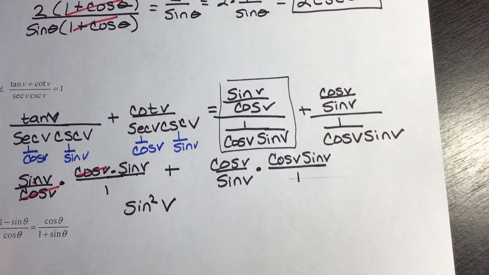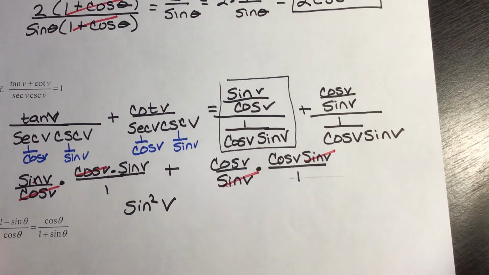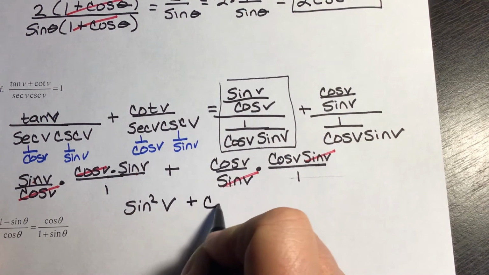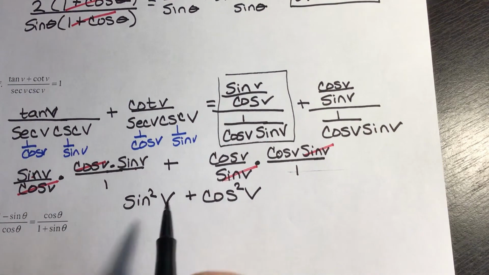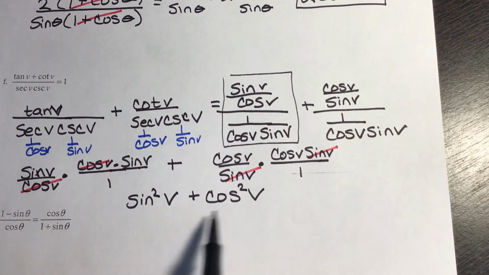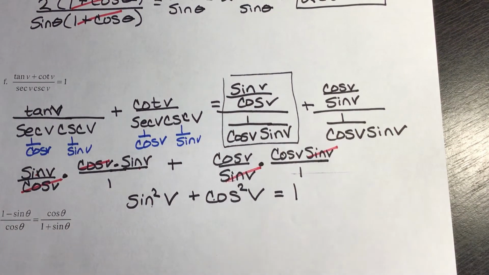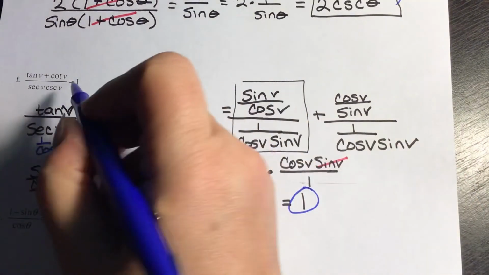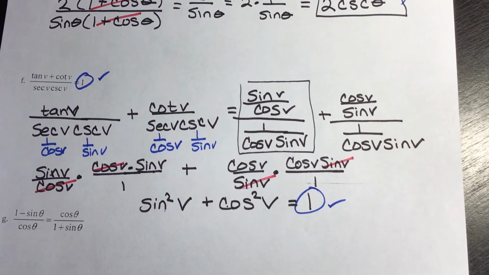Now this time I can cancel out some sines, and I'm left with cosine squared of v, and with the Pythagorean identity, sine squared plus cosine squared of the same angle is 1. And that's what I wanted it to end up to be. Okay, so those are the same thing.